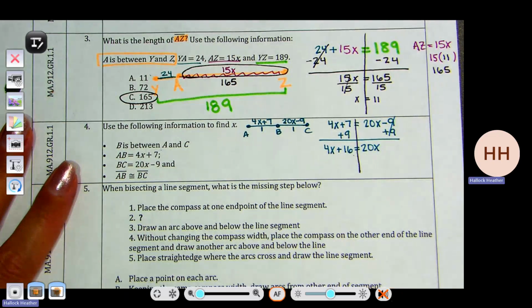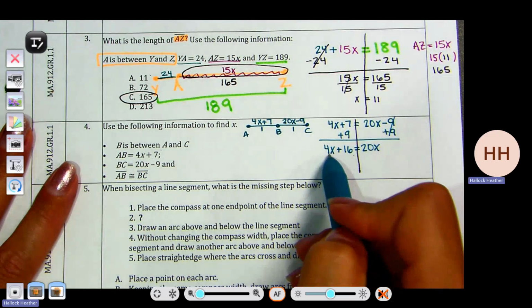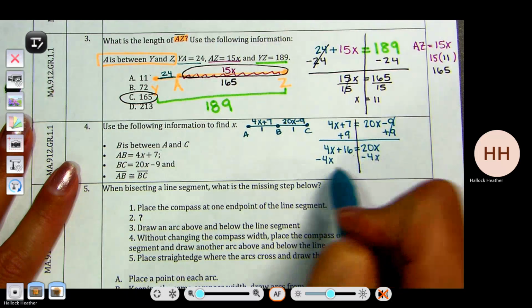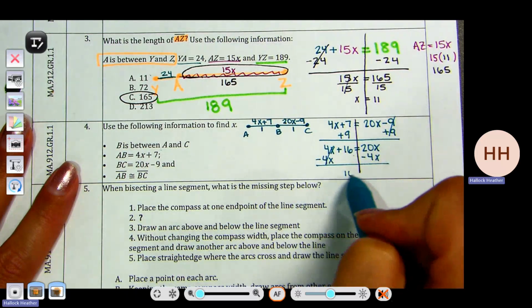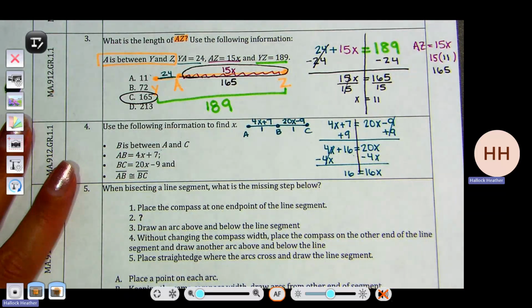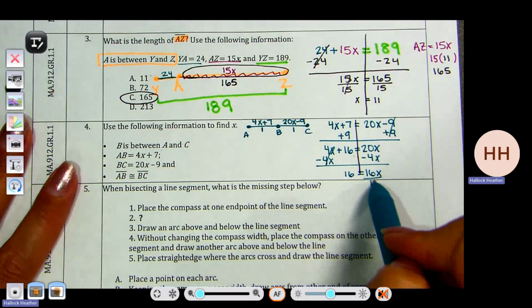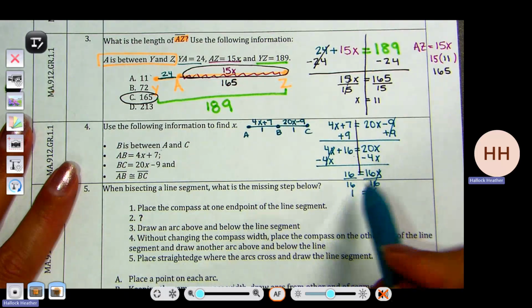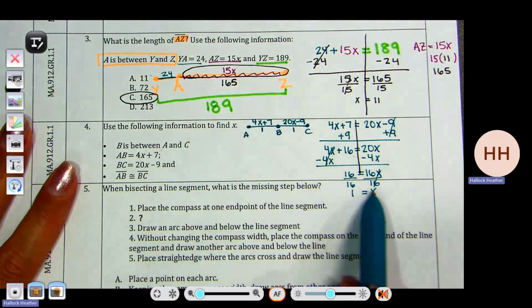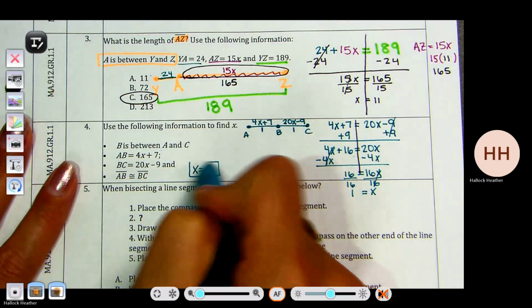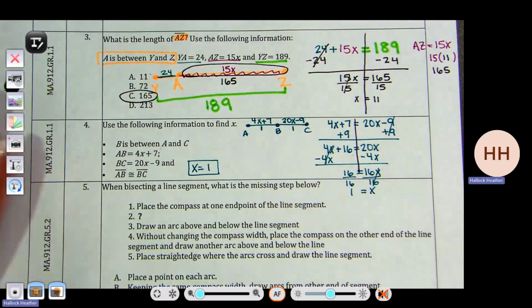And then I'm going to move my 4x. 4x is positive, so I'm going to subtract it from both sides. So 16 equals 16x. We have to divide by 16. X equals 1. This says find the value of x, so x is 1. It doesn't have you plug it back in.